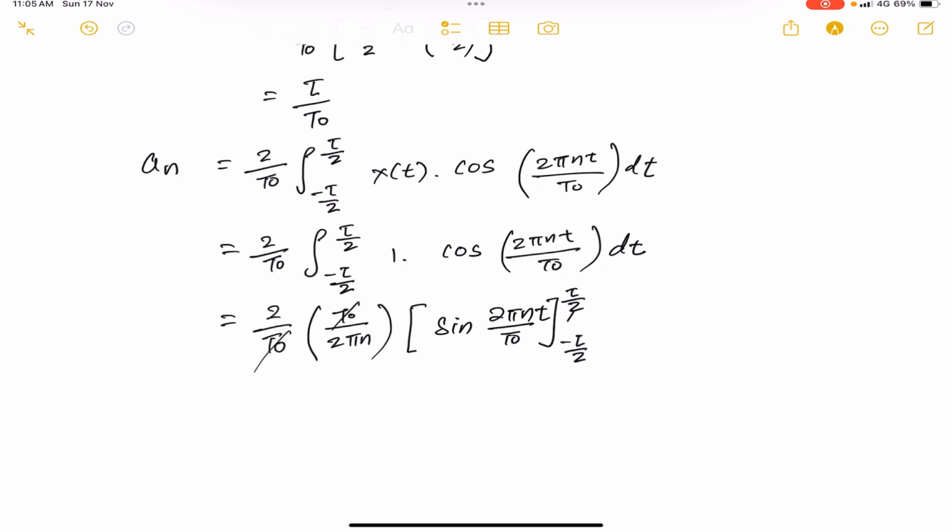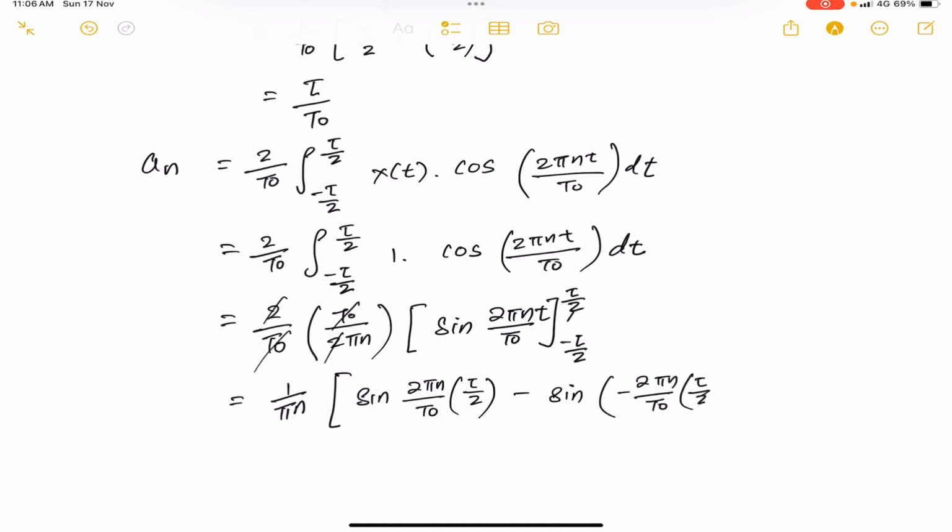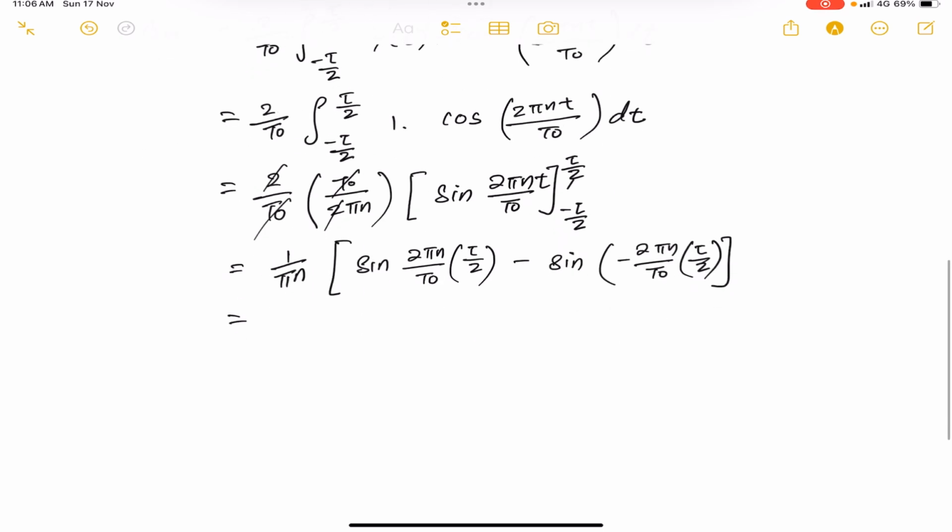So the T0 you can simplify, then you are left with 1 over pi n. You substitute the value of t, so you get sine 2 pi n over T0 times tau over 2, minus sine negative 2 pi n over T0 times tau over 2. This one you can simplify also.